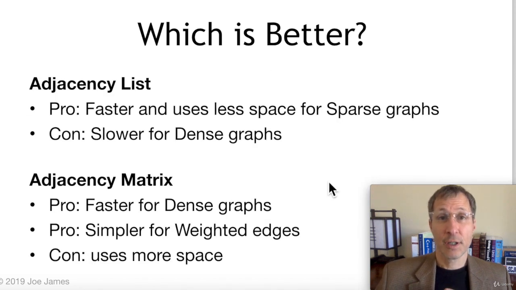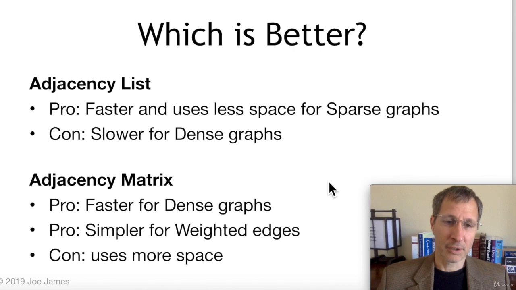So some trade-offs. An adjacency list is faster and uses less space for a really sparse graph. But the con is that it's slower for dense graphs, because for dense graphs it would have to iterate through all of the neighbors. And an adjacency matrix is faster for dense graphs because it can easily look things up using an index.